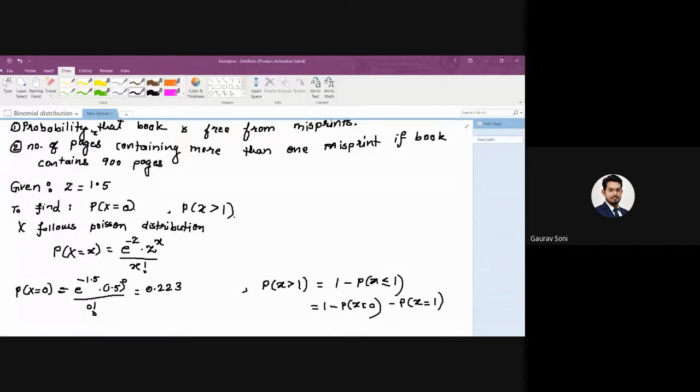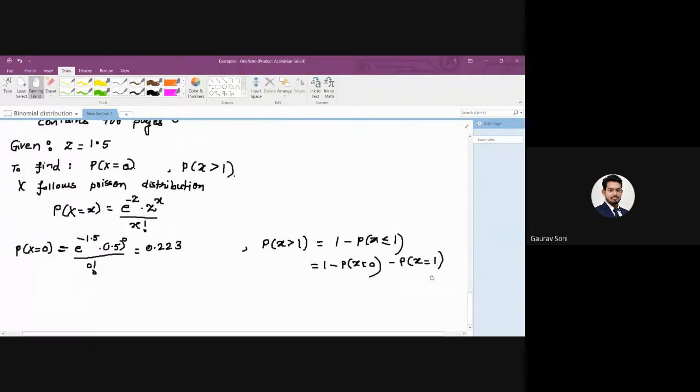Either you can use the summation or find both values using the formula in your calculator.